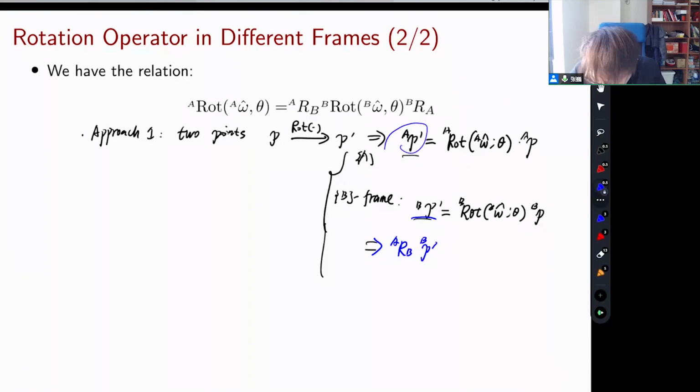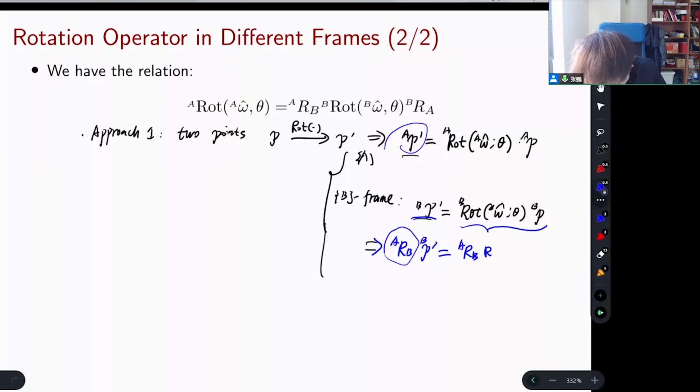Let's say everything I want to move to B. If I multiply this P prime B, then I get R_BA rot in B, and I will skip the inside, times P of B. Are you with me? Then this is R_BA rot B, and I also want to move it back.